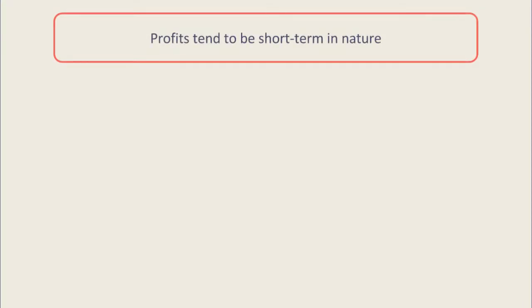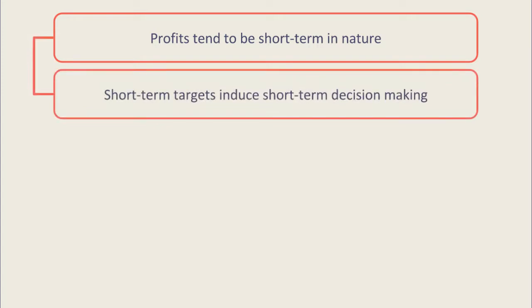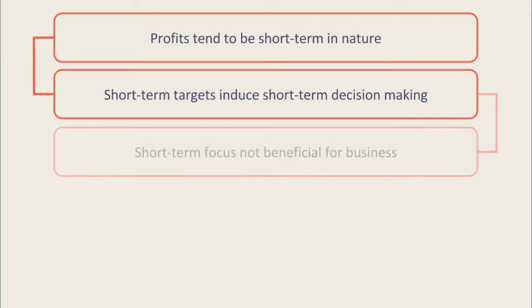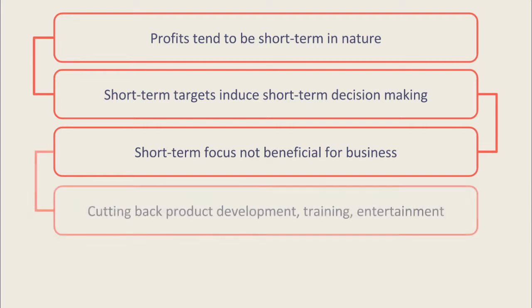Also, profit tends to be fairly short-term in nature. If short-term profit targets are given to managers, they'll manage the business towards those short-term profit targets, which is not necessarily good for the business in the longer term. For example, short-term profits can be maximised perhaps by cutting back on product development, not training staff, not entertaining customers or managing relationships well, refusing to replace staff when they leave.